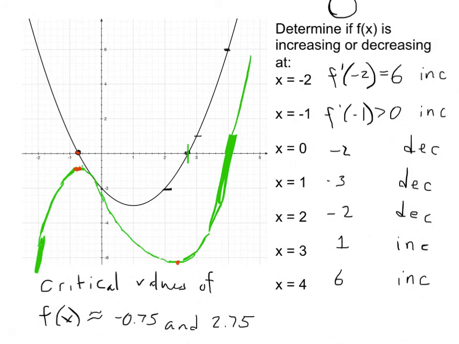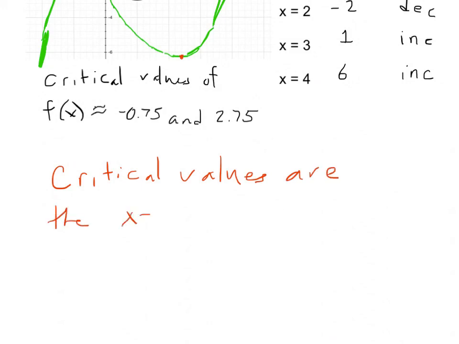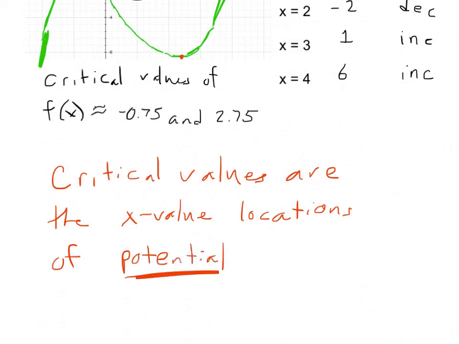It doesn't always, there are some exceptions, we're going to talk about those in later videos, but the thing I want to end this video with is that critical values are the locations, the x value locations, of potential maxima and minima.